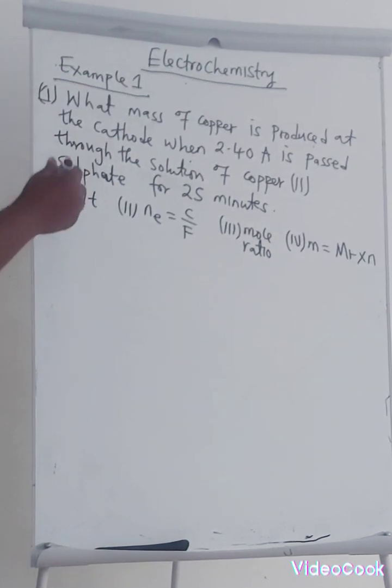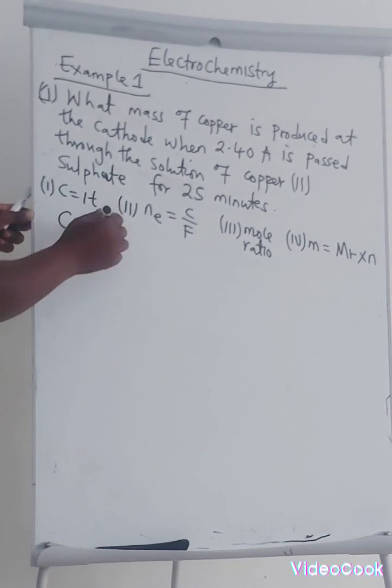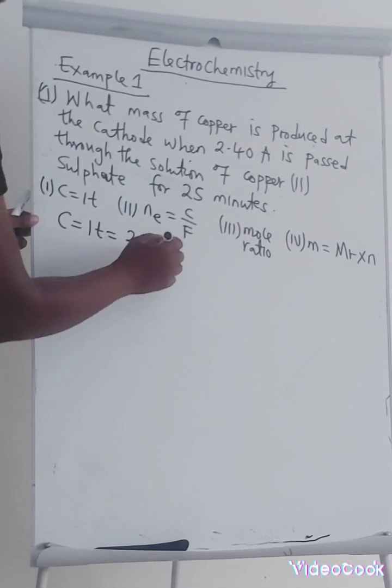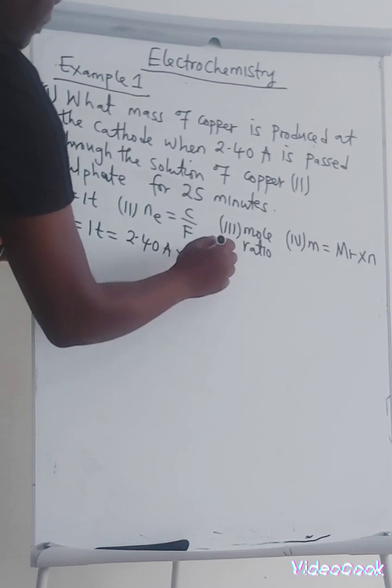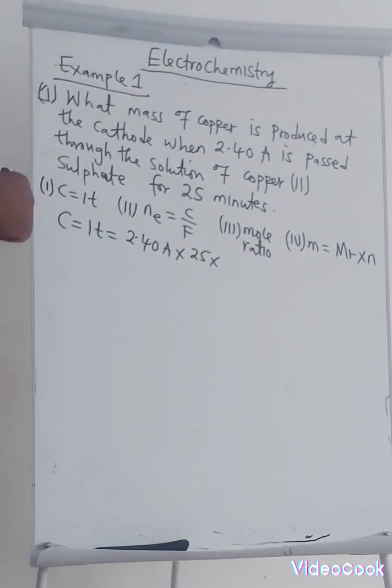So we start with C is equal to I t. The current is 2.40 multiplied by the time, which is 25 multiplied by 60, since 60 seconds make a minute.